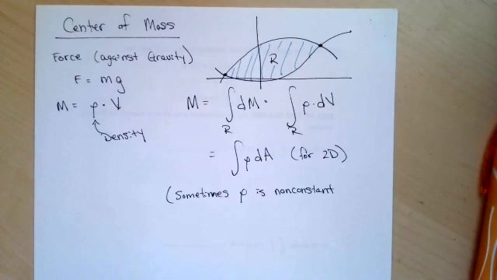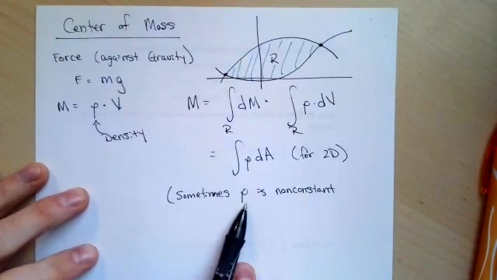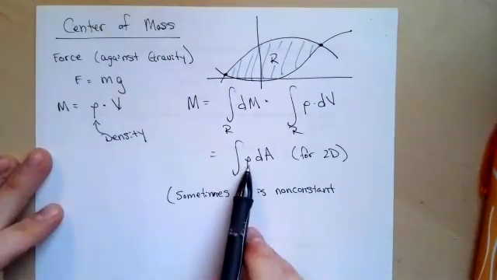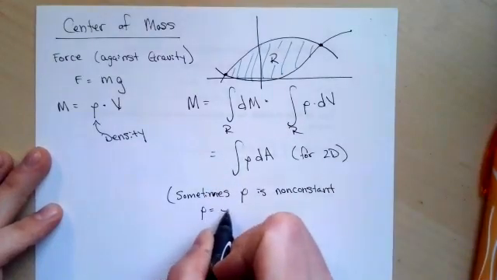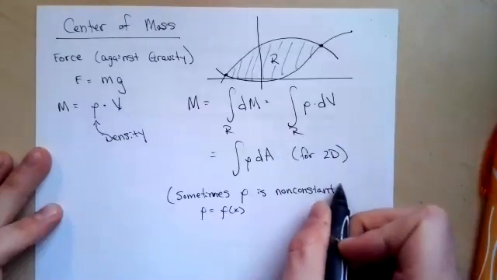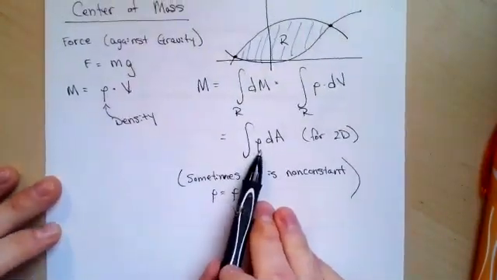It wasn't thicker or denser in some places than others. Sometimes with these lamina, you can have rho as non-constant. So just be careful with that. We can't always pull out rho. If rho is a function of x or a function of y, sometimes you have to keep your rho inside there.